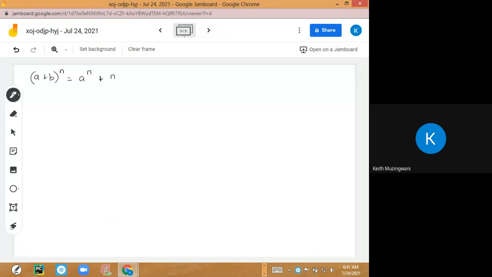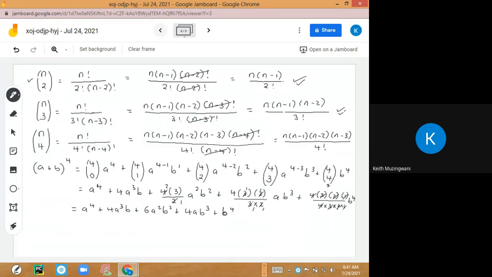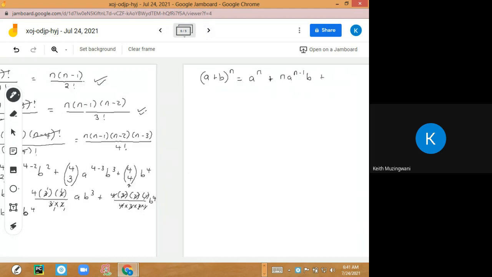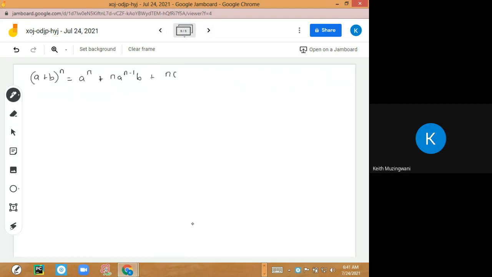So we'll have n multiplied by a^(n-1) b, plus n choose 2 is just n(n-1) over 2 factorial, so it's just n(n-1) over 2 factorial a^(n-2) b^2. n choose 3 is just n(n-1)(n-2) over 3 factorial a^(n-3) b^3.